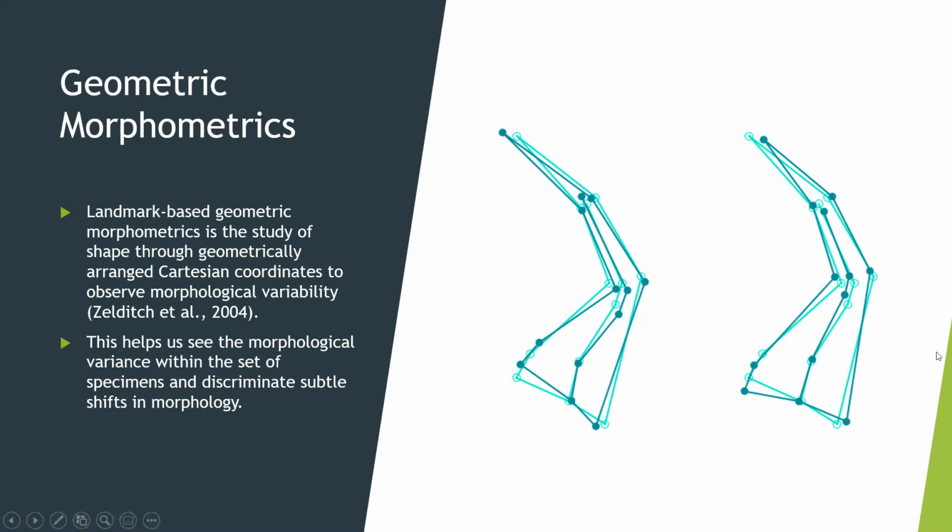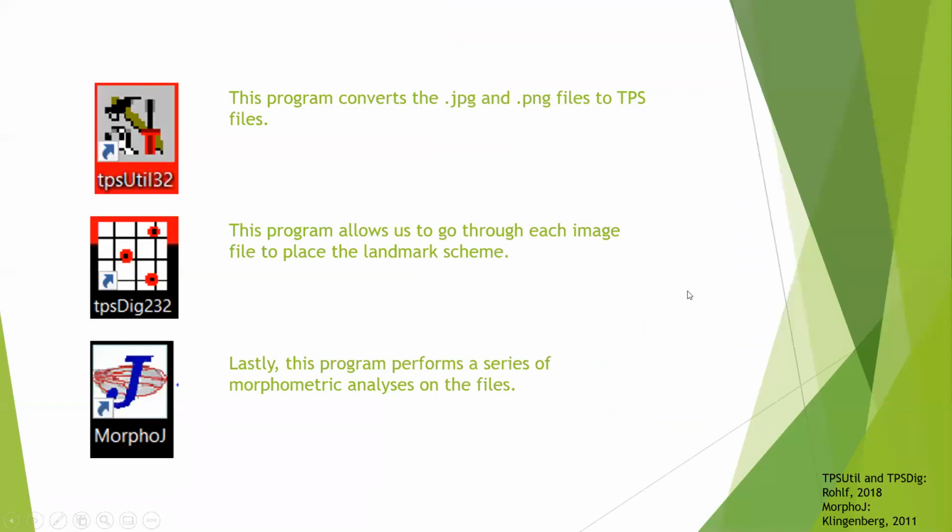These figures are wireframes generated from this study that help illustrate how the landmarks shift from specimen to specimen. You can see the curved, shown here, and the regular forms, shown here, represented by the frames. We'll look at these in more detail later on. These are the morphometric programs we used during this study to analyze the specimens. These programs were developed by Rohlf and Klingenberg to analyze subtle differences in morphology.